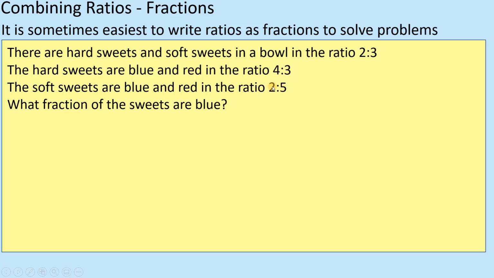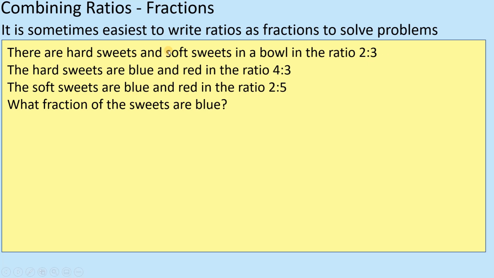Then when we look at the soft sweets, still blue to red, we're again dividing into 7 parts here because 2 and 5 is 7. So 2/7 of the soft sweets are blue, and 5/7 of the soft sweets are red. So we're now working these into fractions just by using the ratio numbers.